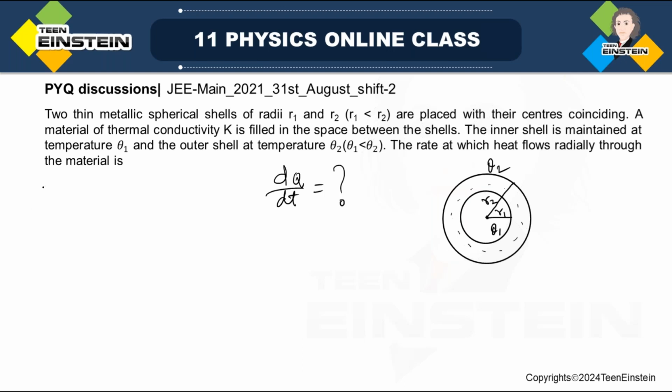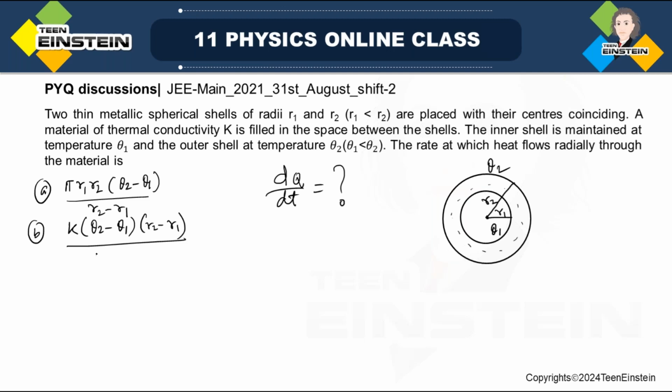So the options: pi r1 r2 (theta2 minus theta1) by (r2 minus r1) is one option. Option B, k (theta2 minus theta1) (r2 minus r1).